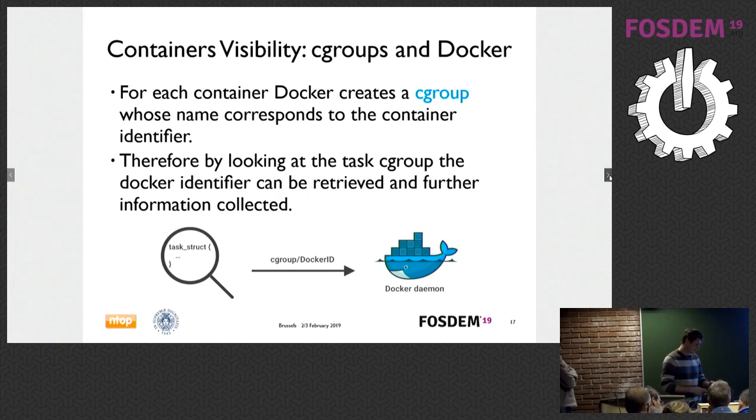What we have basically done is collect the cgroup identifier, send it to user space, and at user space level, interact with the Docker daemon to collect information and store it in a cache. So we have information like, for example, the container name or for how much time the container has been alive.